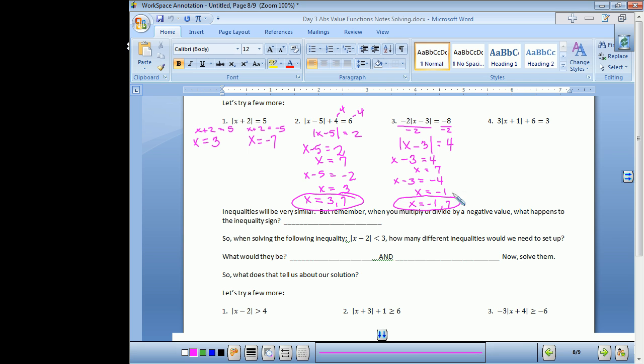Okay, so when we're getting the absolute value part by itself, basically when we're solving equations, what do you undo first? Addition or subtraction, or multiplication and division? So if you had this equation, 2x plus 1 equals 9, what would you do first? Subtract 1. So we're going to do the same thing.